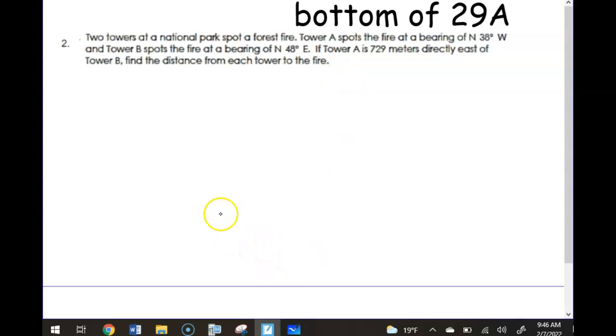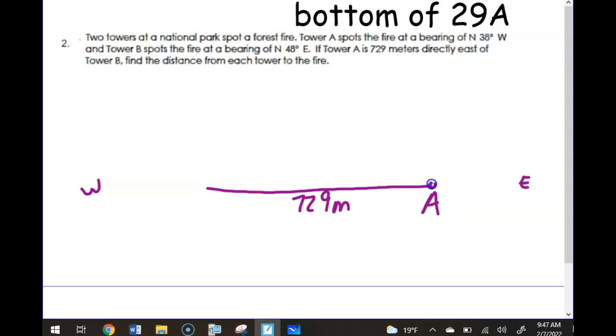So let's draw a nice east-west line. And it says 729 miles, but Tower A is to the east of B. So if this would be the direction east and west, A is to the east of B. Does that seem okay with everybody so far?